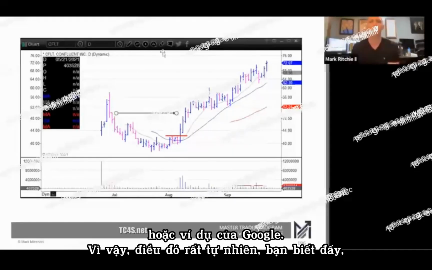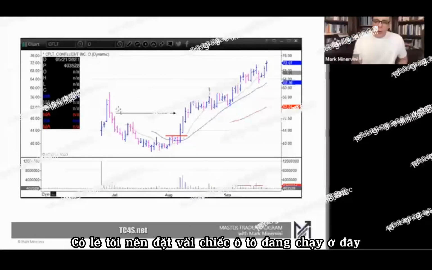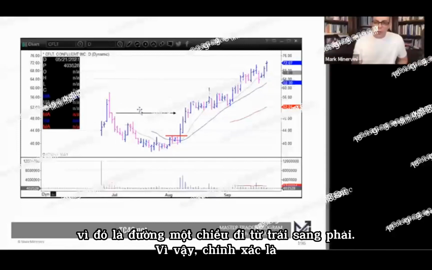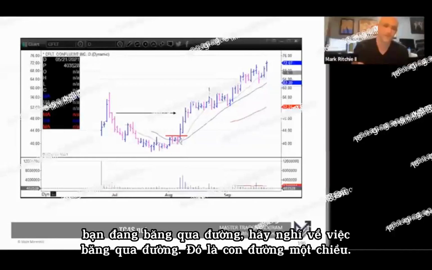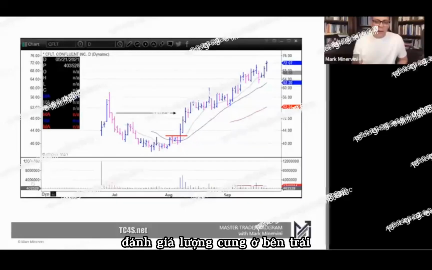So it's that natural, your trapped longs were probably getting out there before the stock then went higher. I should probably have little cars right here driving this way, because it's a one-way street going left to right. So exactly right. Think of it as crossing a street. It's a one-way street. All the traffic is going to come from the left. So you're going to look at that, assess that supply on the left side.